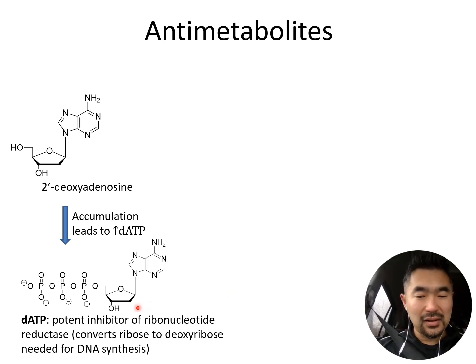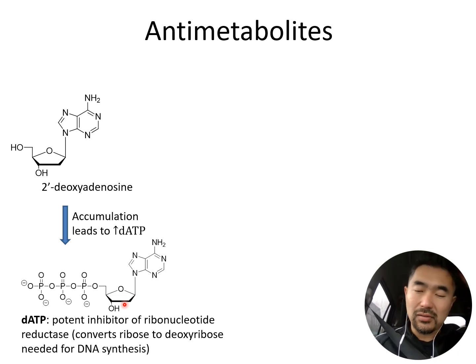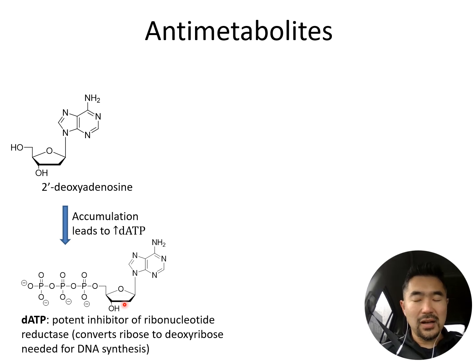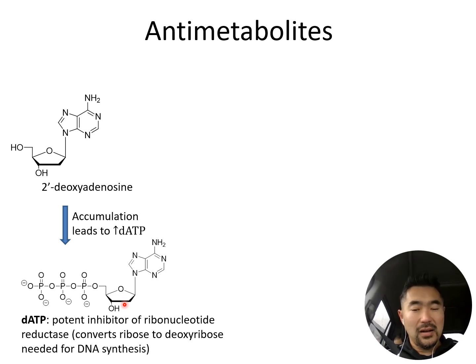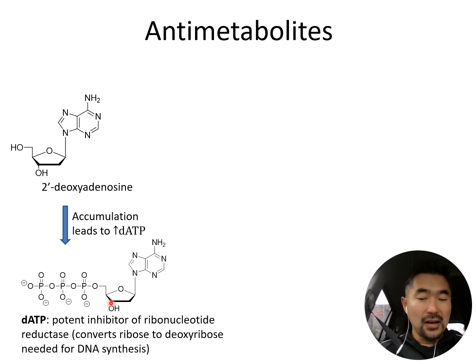This is different than ATP because it's lacking that 2' hydroxy group. It's based on the DNA deoxyribose scaffold, not the ribose for RNA. And this dATP is a potent inhibitor of ribonucleotide reductase.